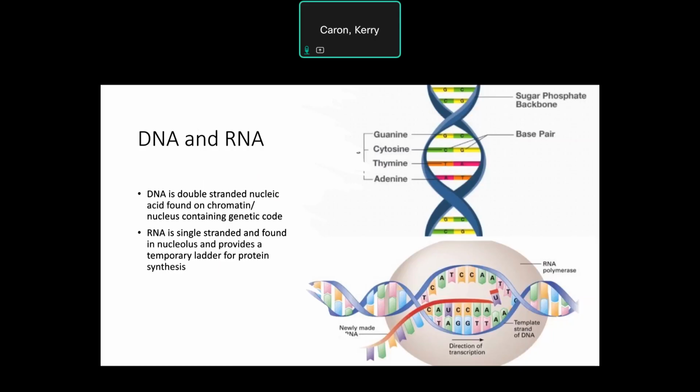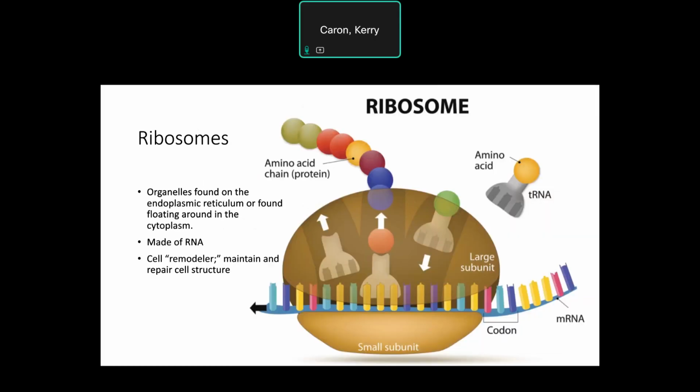DNA and RNA. DNA is a double-stranded nucleic acid, has the genetic code on it, chromatin. RNA is single-stranded, and it provides the ladder for protein synthesis. We won't go too far into that, but it forms proteins. Your ribosomes are organelles found in the cell.